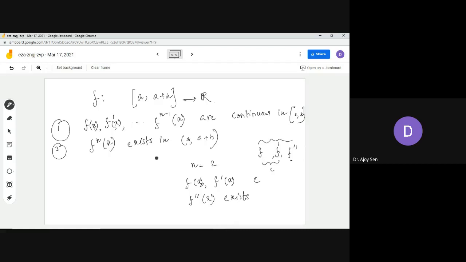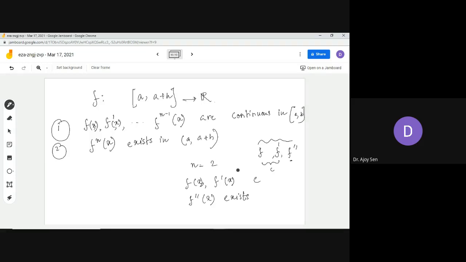So the last line assures the derivability of f and f dash, these two things. The first condition tells you the continuity of these two things, and the last part tells you the derivability of these two. Okay, so likewise you can generalize the idea for greater than 2 also.